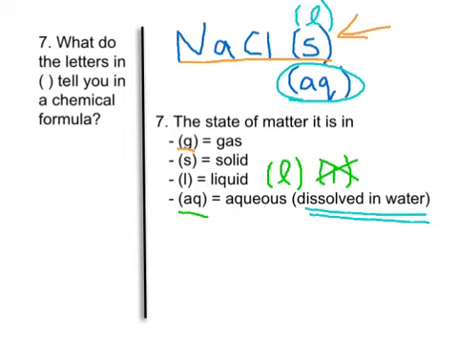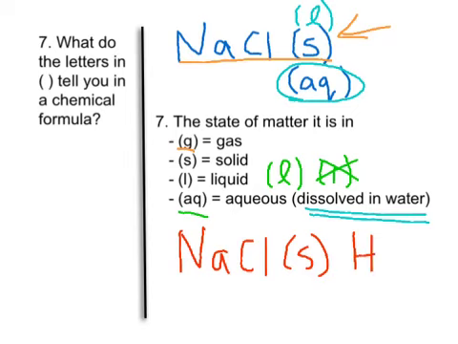One of the key questions that we always like to put on tests or quizzes is something like, if you have NaCl(s) and you dissolve it in H2O, what will be the result?